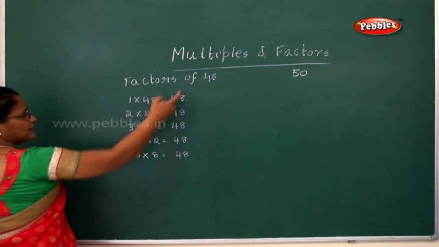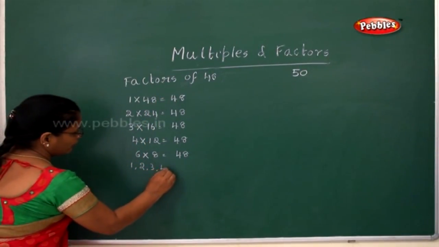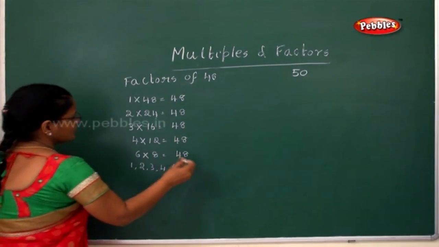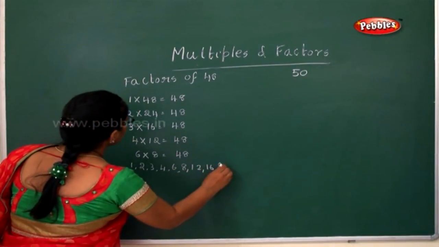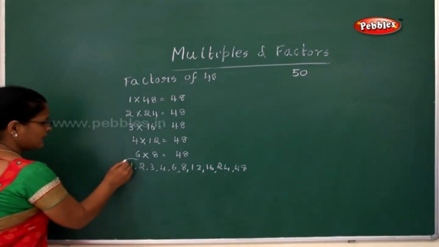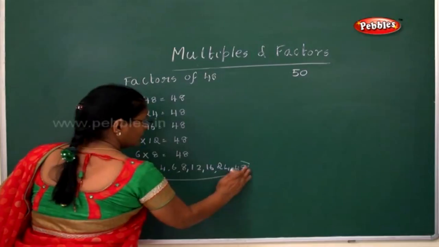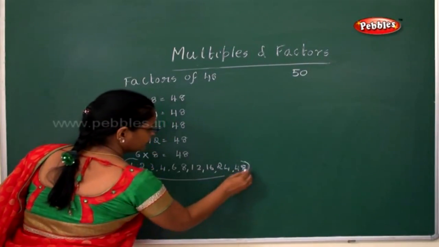So now what are the factors of 48? 1, 2, 3, 4, 6, 8, 12, 16, 24 and 48. So these are the factors for 48.